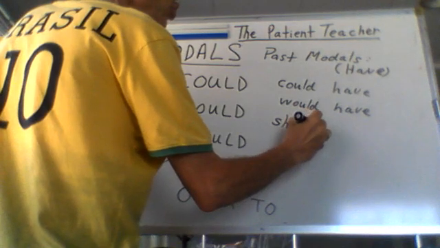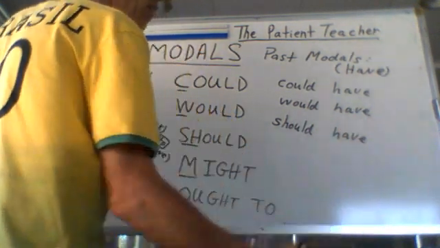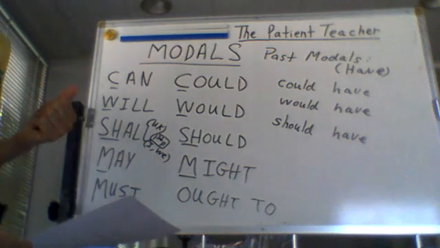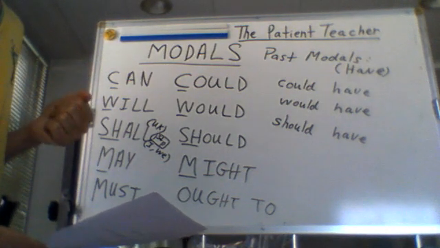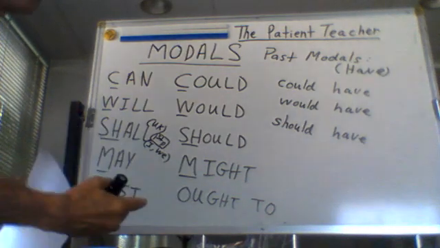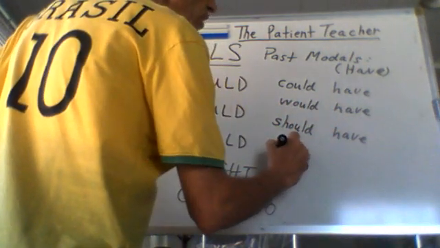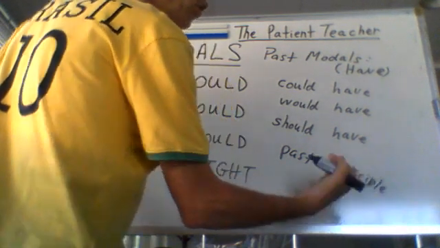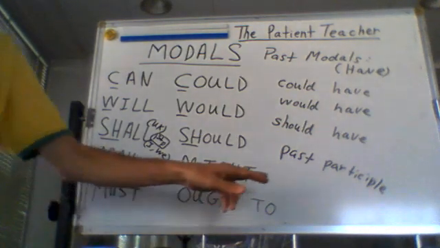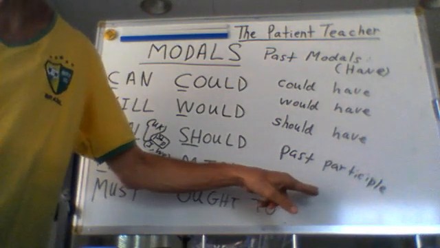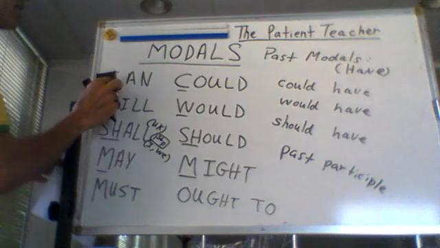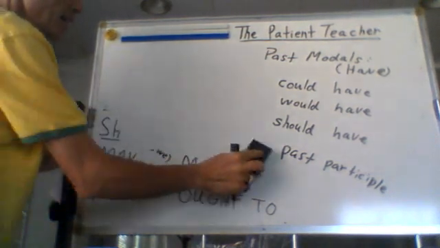And lastly, should have. Those are things we'll use talking about the past and often about regret. When you use this, you'll also use the past participle. If you look at one of my earlier videos, you'll see when we use the past participle and where to find them.